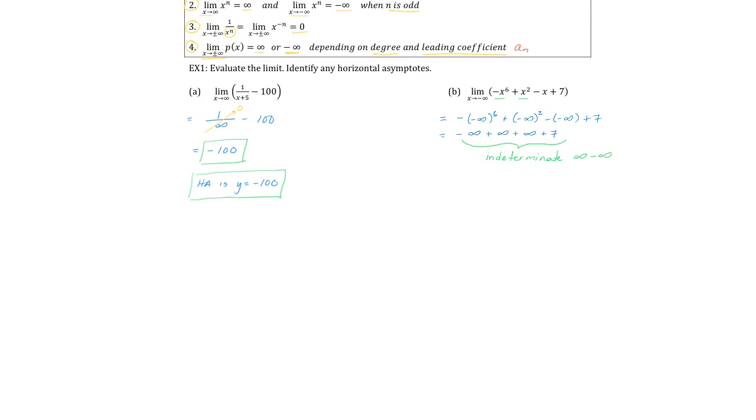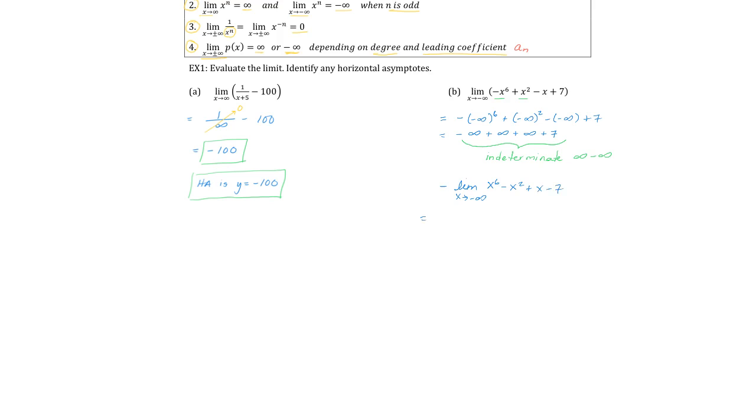So the way that I'm going to create a fraction is I'm going to factor out the highest exponent, the x with the highest exponent. And in fact, I'm probably going to go ahead and also take out that negative because it really kind of bothers me. So write the negative limit as x goes to negative infinity of x to the 6 minus x squared plus x minus 7.